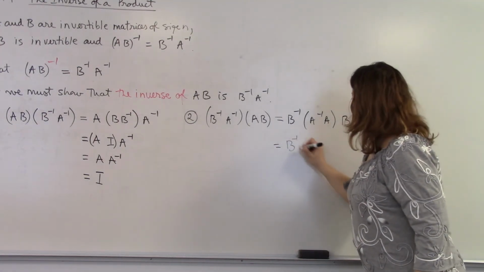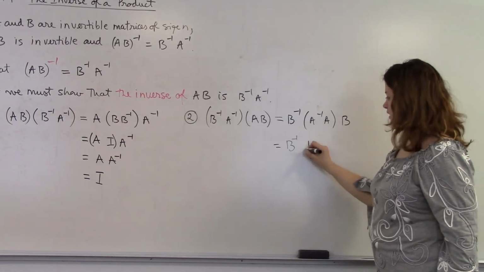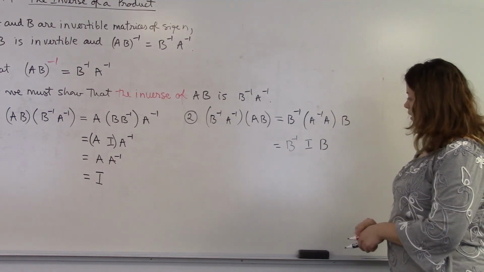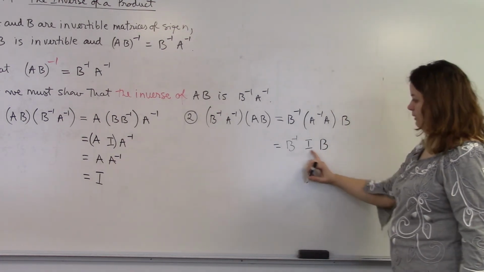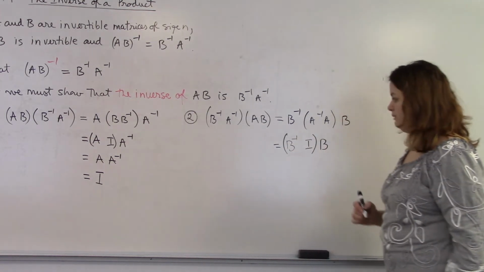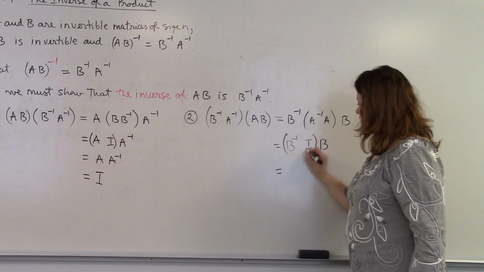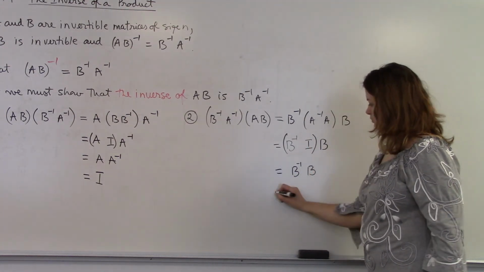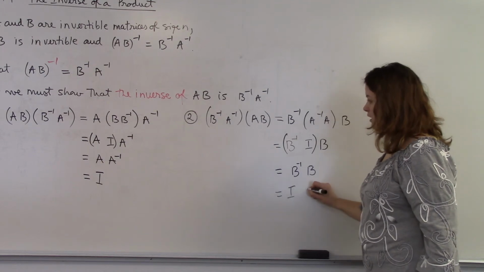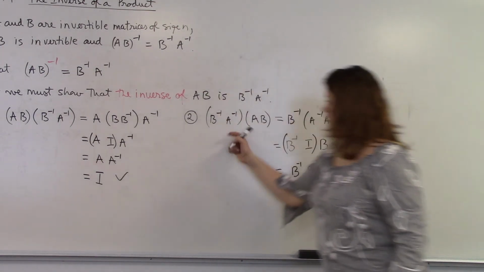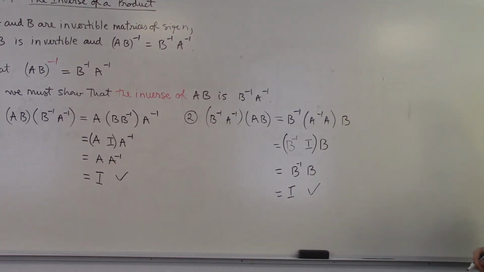Now, A inverse times A is the identity times B. So now I can group the multiplication by the identity with anybody, so I could multiply it by B inverse, it doesn't matter. B inverse times the identity is B inverse times B, B inverse times B is the identity, and so I checked that this direction of multiplication works as well.